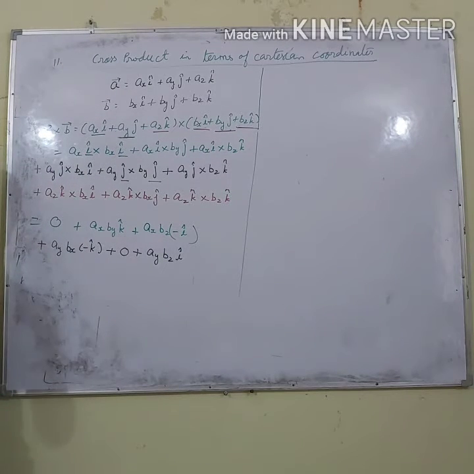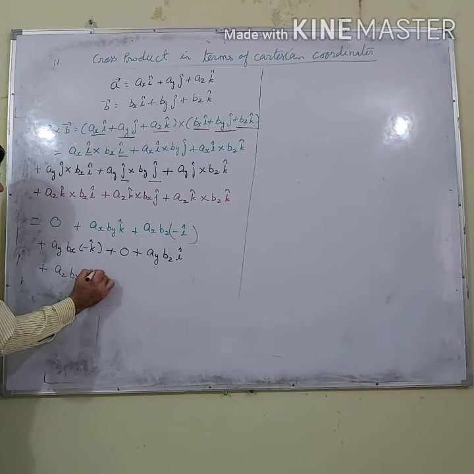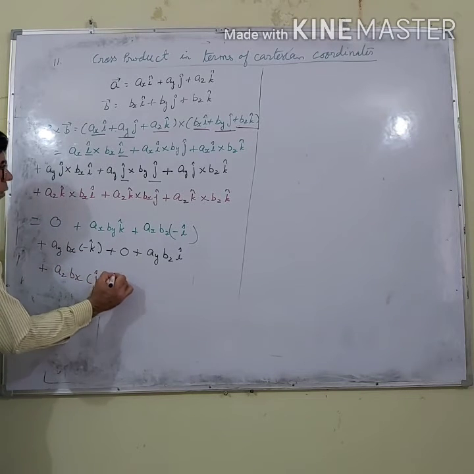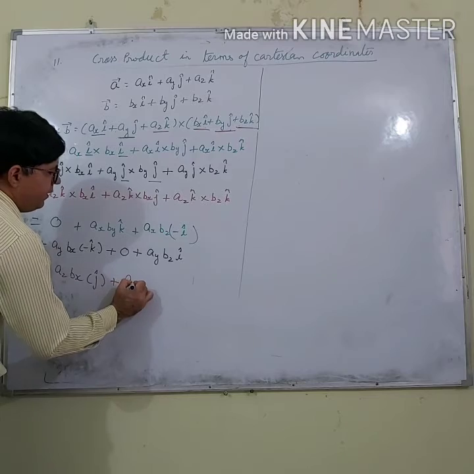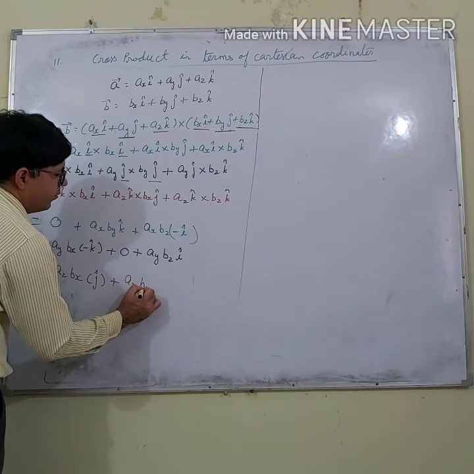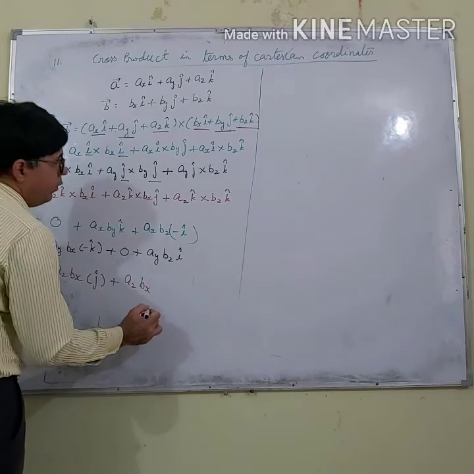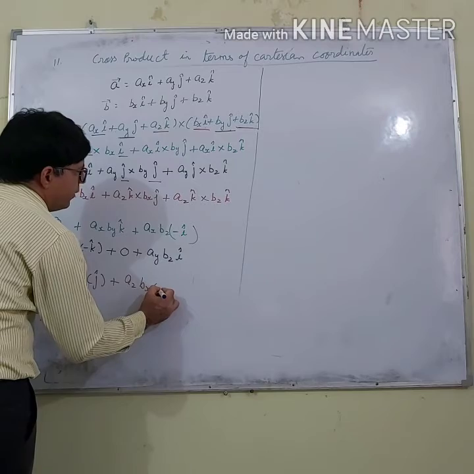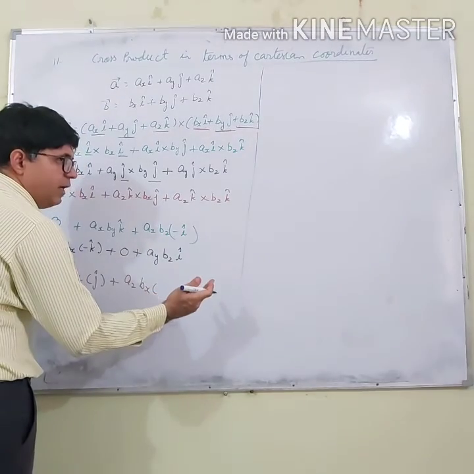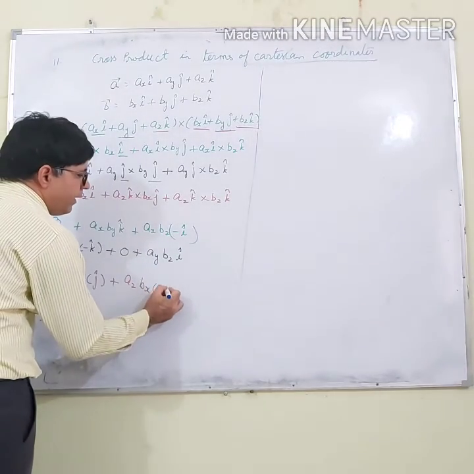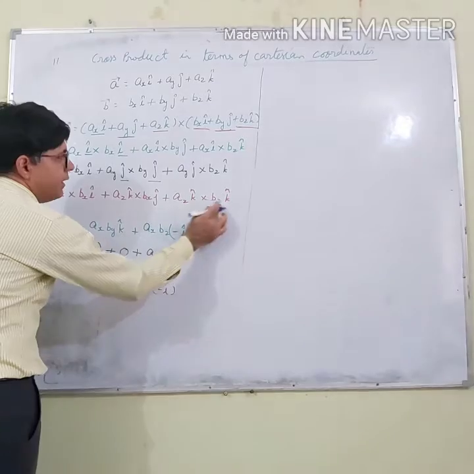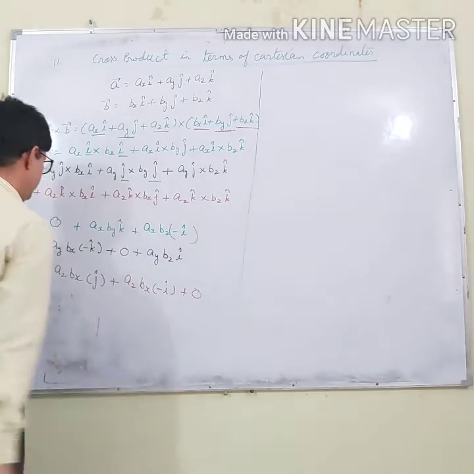Plus A_z B_x, k cross i, it's in sequence. So what is missing? j cap. Plus A_z B_x, k cross j. j k are in sequence, k cross j out of sequence, so it will be minus i cap, and here k cross k is 0.